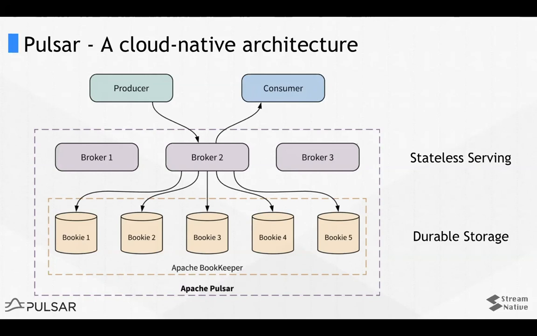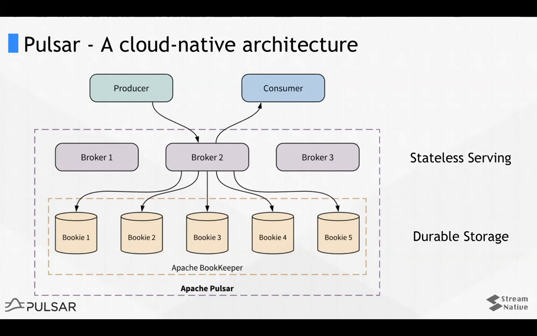On the left side, I call it stateless serving: each broker doesn't store any data locally. The benefit is that if any broker crashes, you can easily start a new container and start serving the traffic, so you don't need to recopy the data when the broker crashes.